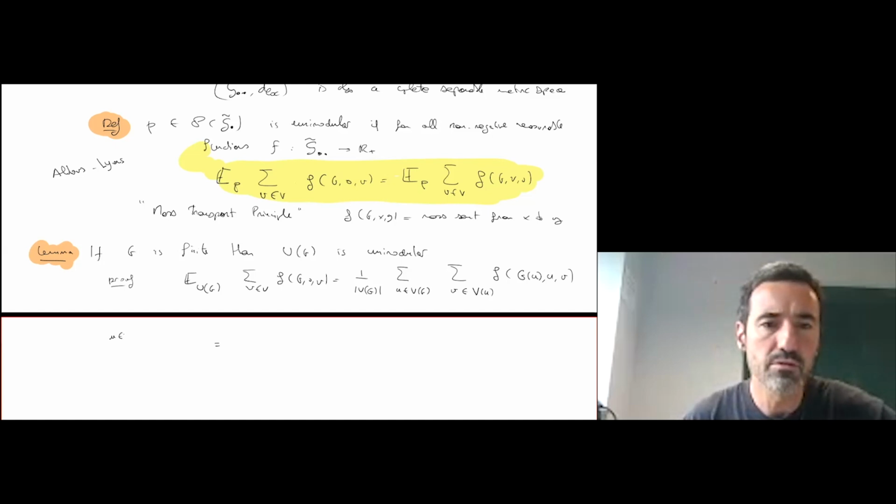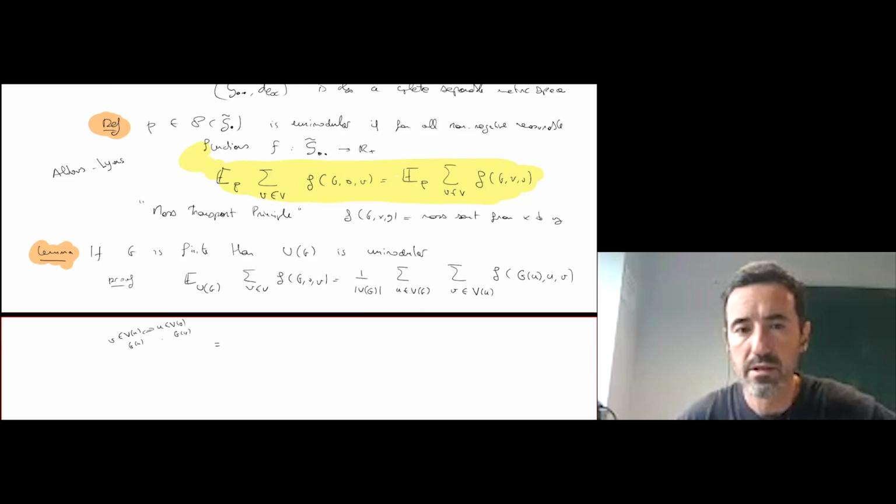V belongs to V of U is equivalent to U belongs to V of V. And the same with G of U, which will be equal to G of V if U and V are in the same connected component. Okay, so you can certainly write.